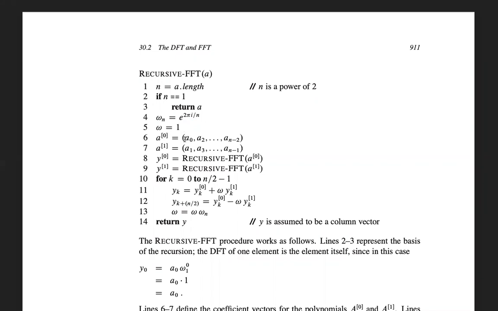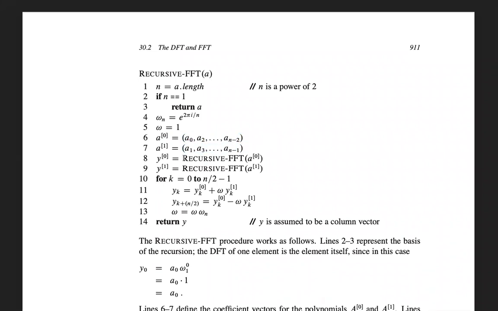They are using n, while I was using n plus 1. So a0 to a n minus 1, they have split up into two parts: one is all the even ones, and the other is all the odd ones.